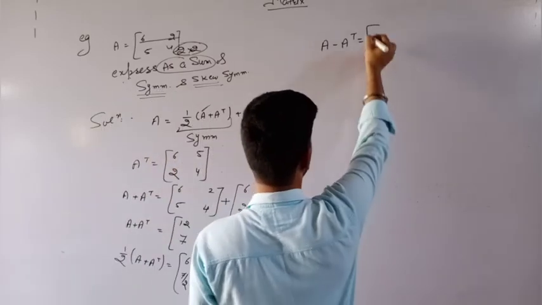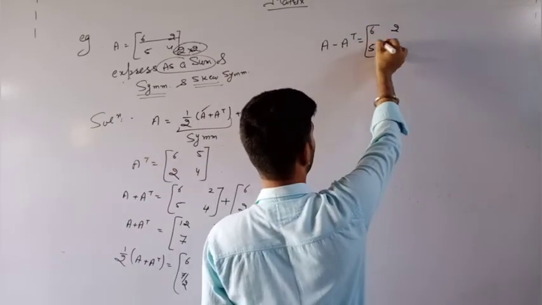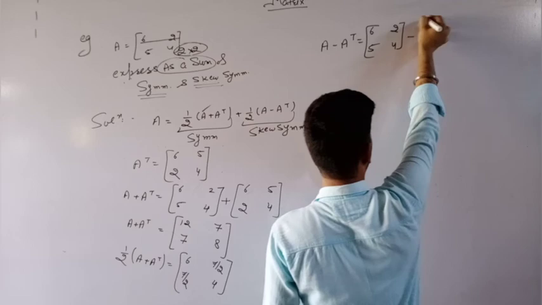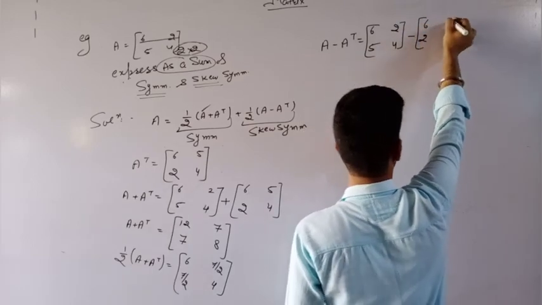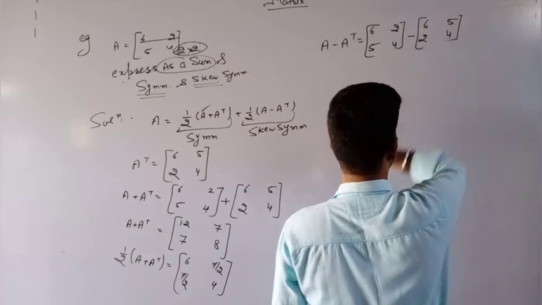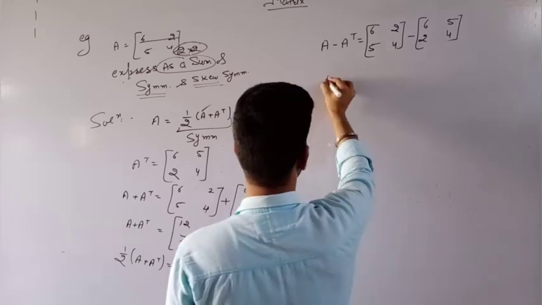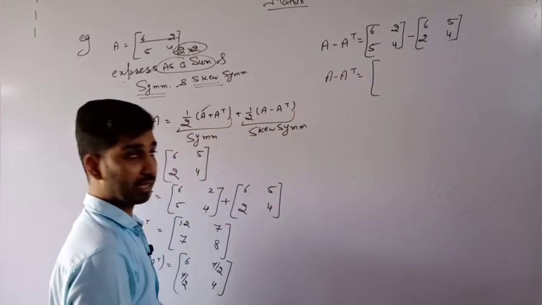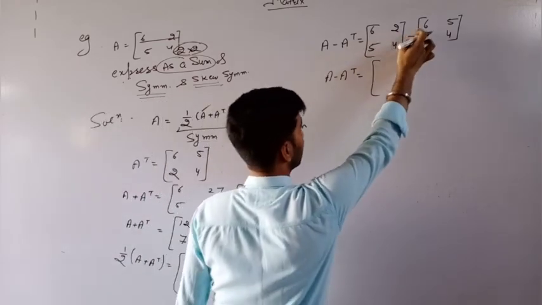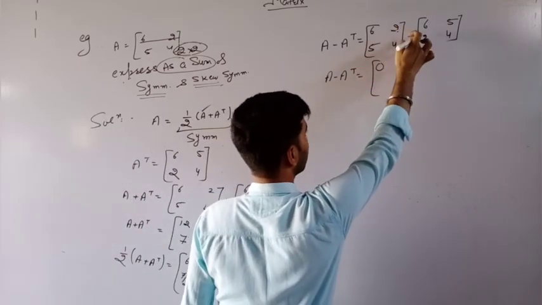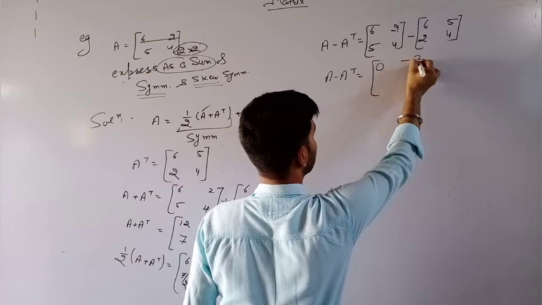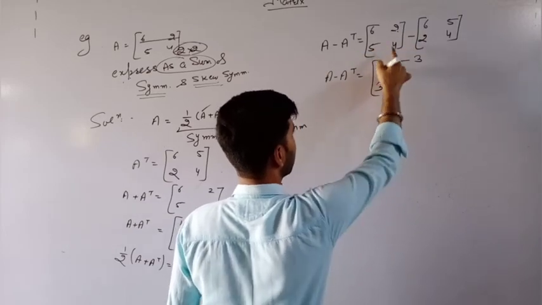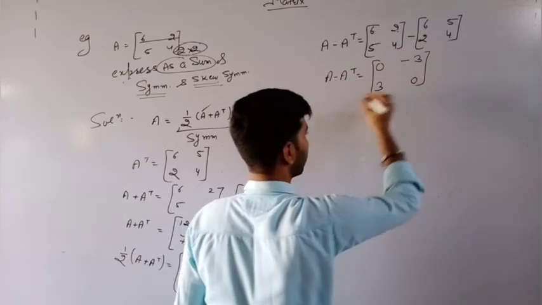A is 6, 2, 5, 4 minus A transpose, which is 6, 5, 2, 4. Find A minus A transpose. 6 minus 6 is 0, 2 minus 5 is minus 3, 5 minus 2 is 3, 4 minus 4 is 0.